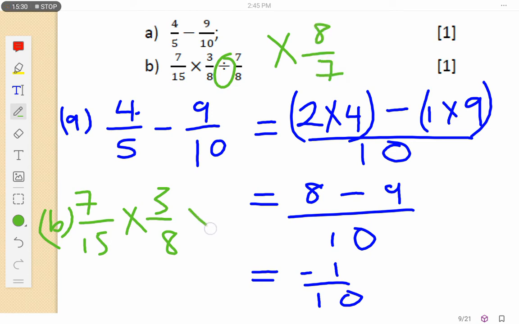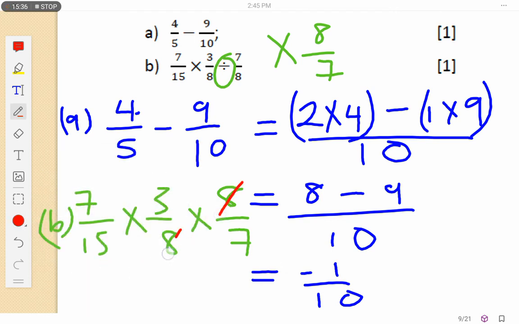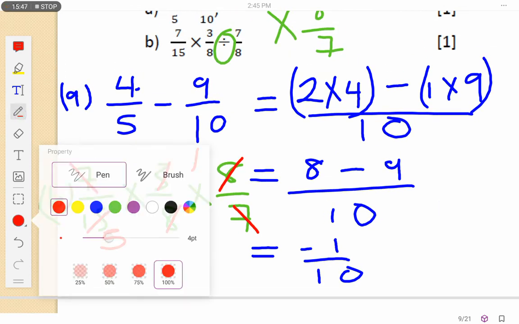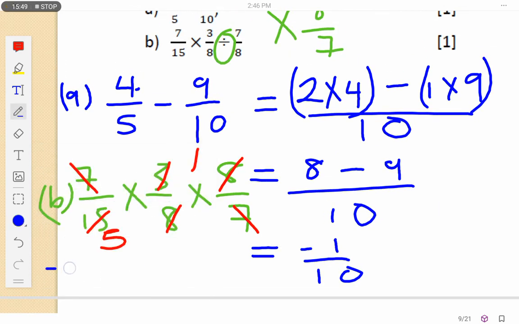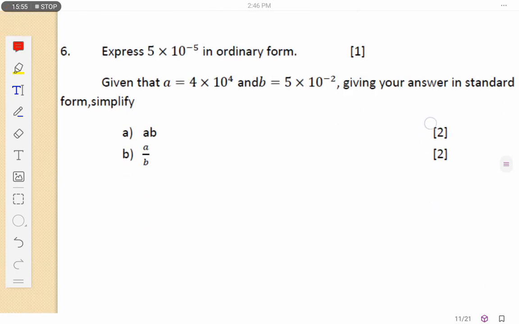So I'll write times 8 over 7 and divide numbers which can be divided together. 8 can go into 8 there, 3 into this one, 5 times 7 can go into 7. Then at the end of the day, the answer is 1 over 5. This is the final answer there.